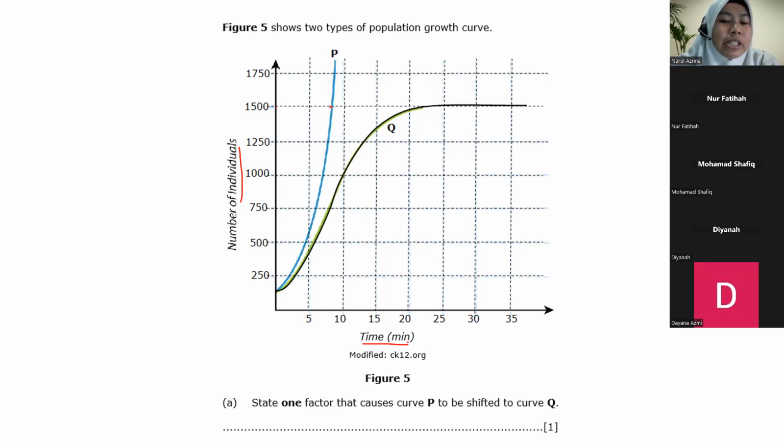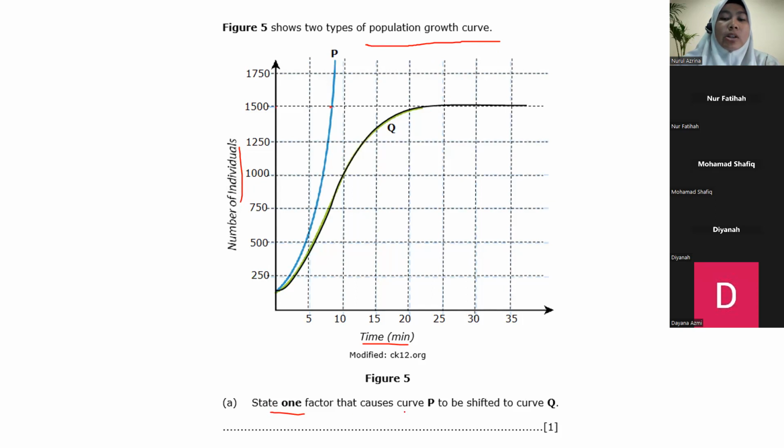Please read the question statement as well. The figure shows two types of population growth curve. When it says growth curve, it means there are only two growth curves: S shape and J shape, logistic and exponential.